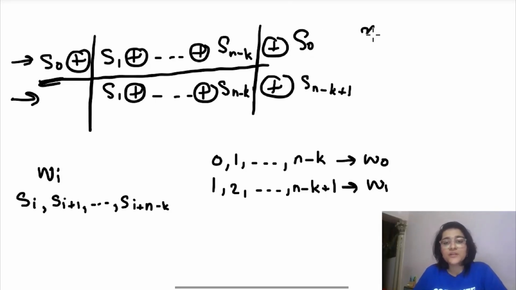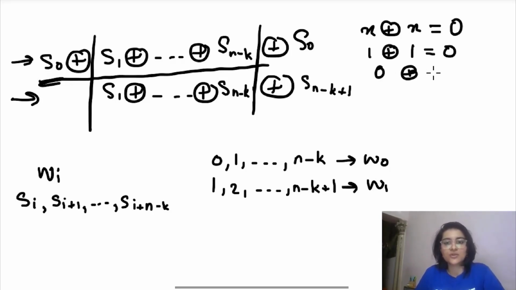As we know the property of XOR, a number XORed with the same number is always going to be 0. The examples are the bit 1 XORed with 1 is always 0 and 0 XORed with 0 is also always 0. So thus, XORing it with S0 gets rid of the S0 and instead replaces it with a 0.